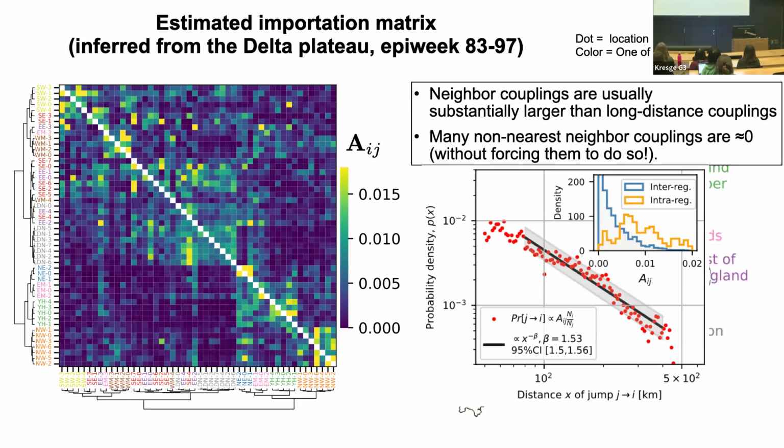You can also get here a follow-up of the importation rate with distance. That's shown here on a double log plot, where the red points are all the possible connections between two different regions.